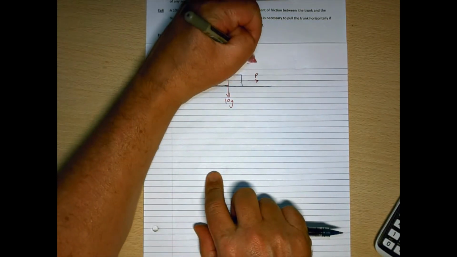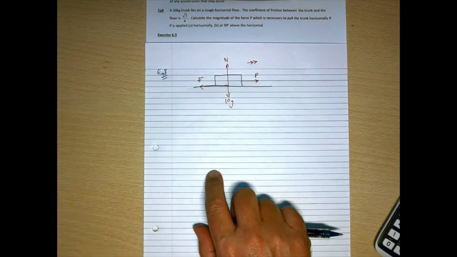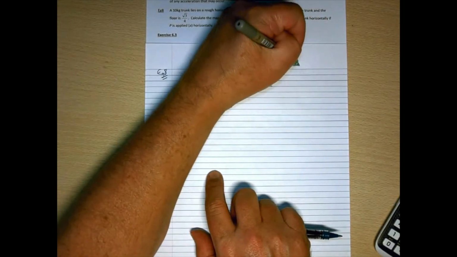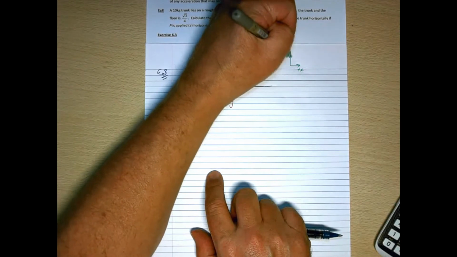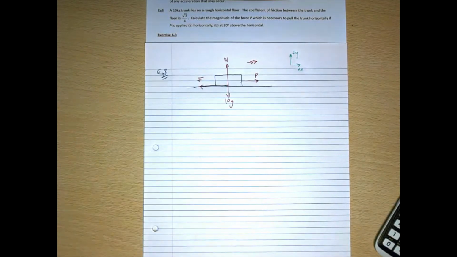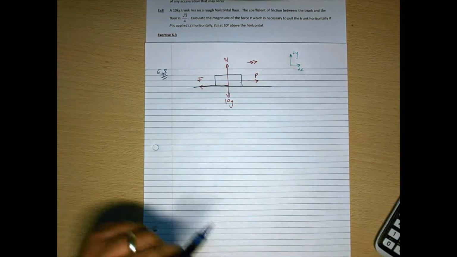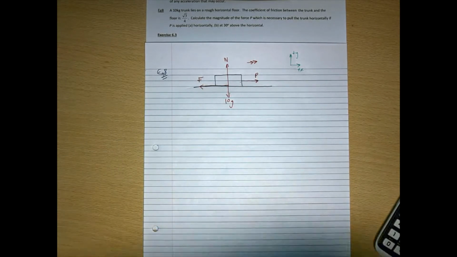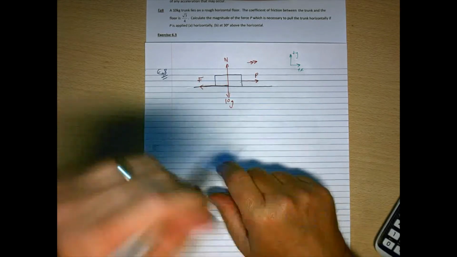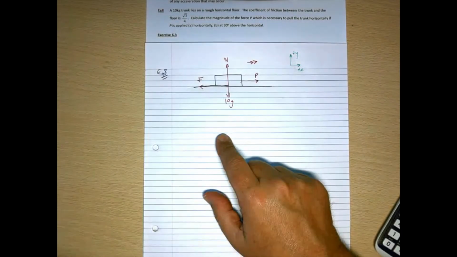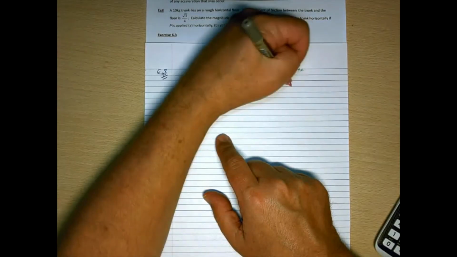If it's going to move, it's going to move in that direction. So I'm going to take plus x and plus y to be parallel and perpendicular to the plane. And we know that mu is √3/4.